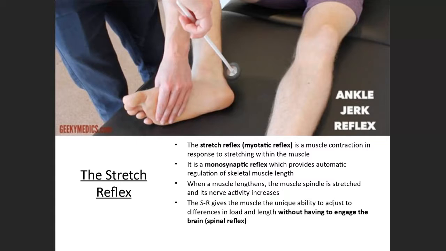Effectively, we're just overriding the normal process of what goes on through the spinal cord, and we're stretching the muscle externally. So it's important that we have an idea that the stretch reflex is also related to things like range of movements.